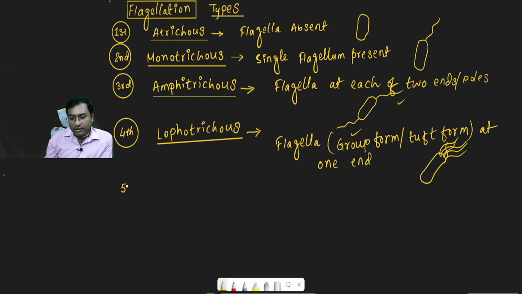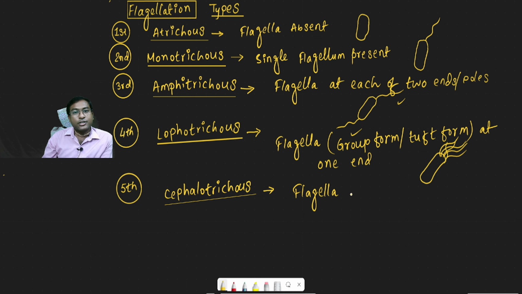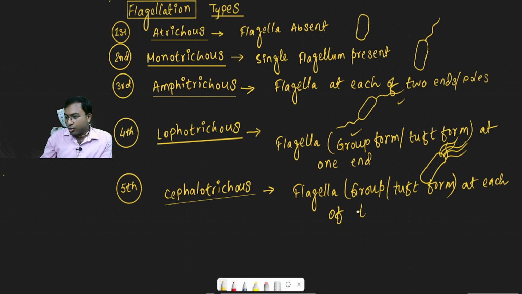And the fifth one is CEPHALOTRICHOUS. In the cephalotrichous type, flagella are in a group or tuft form at each of the two ends or poles.